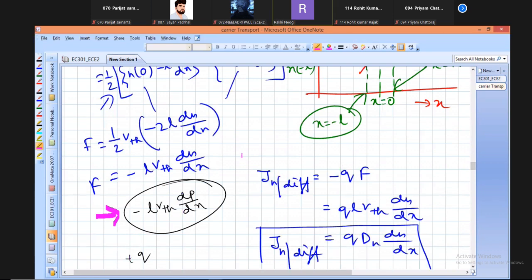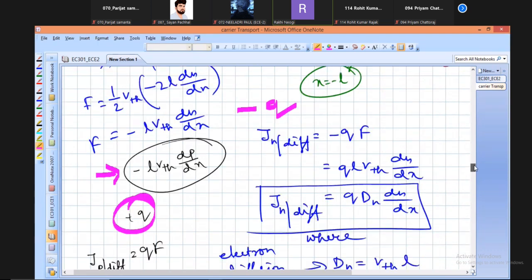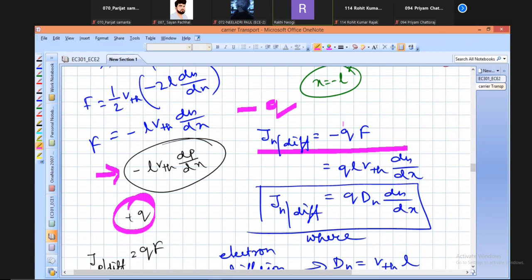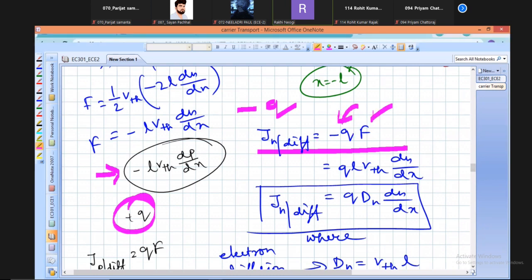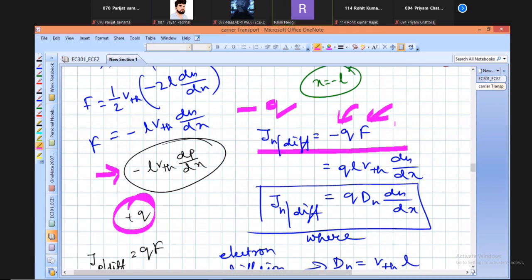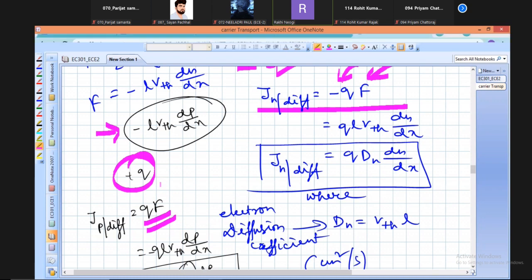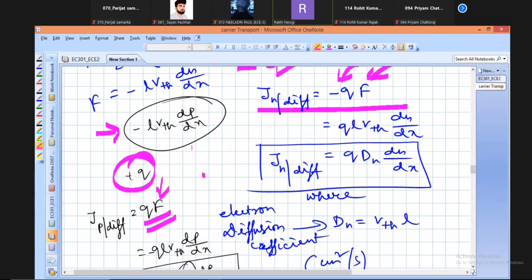Electron carries negative charge, hole carries positive charge. So whenever we want to calculate the electron diffusion current, we multiply the charge with the net flow of electrons, minus q into S. Whenever we want to calculate this for holes, we multiply the charge with the net flow. Charge is plus q, net flow for holes is S. What is S? S is minus D_p dp/dx.